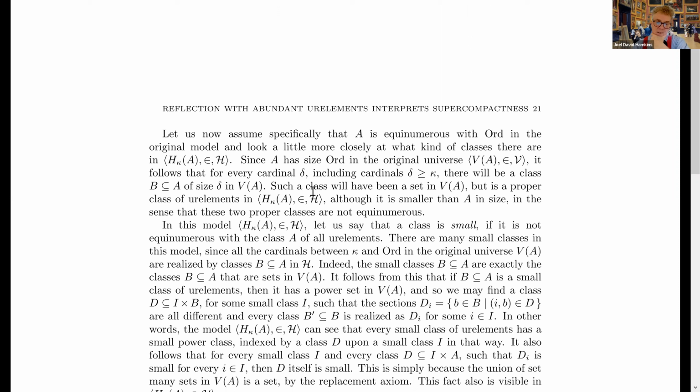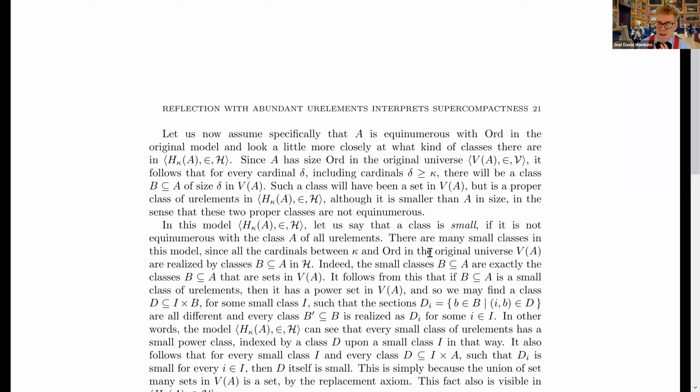Okay, so let's observe something about this model. So kappa was inaccessible. We had ord many urelements in the original V, but we cut down to the hereditary sets. Let's say a class is small if it's not equinumerous with all the urelements, but that means it's equinumerous with a set in V. And so in particular, its power set is also small.